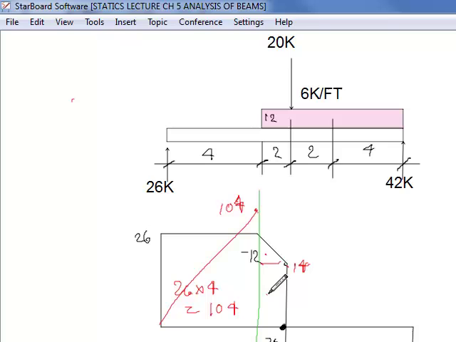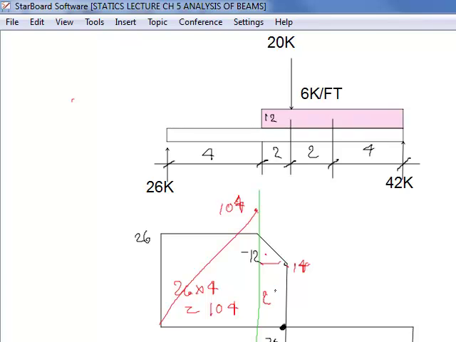This is 2 feet wide, and that's 14 feet, so for the area of that rectangle you would do 14 times 2, which is going to be 28.